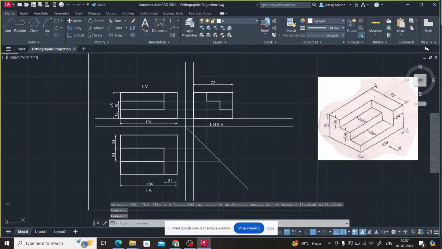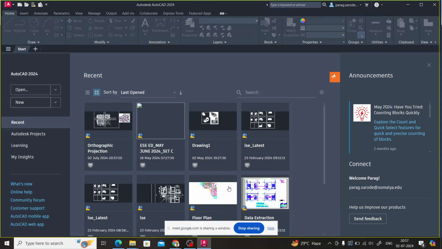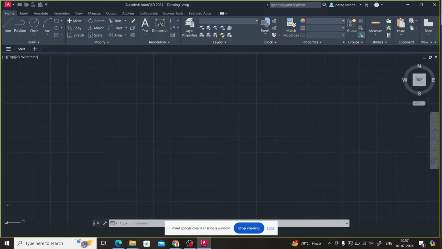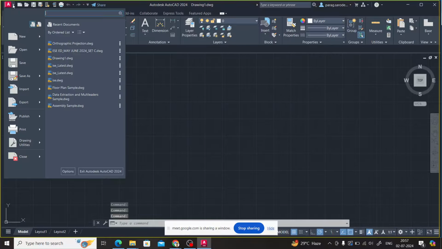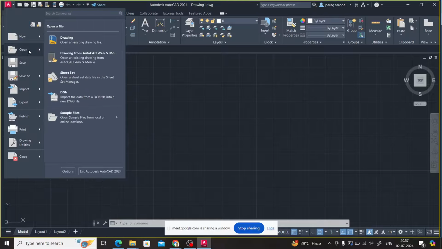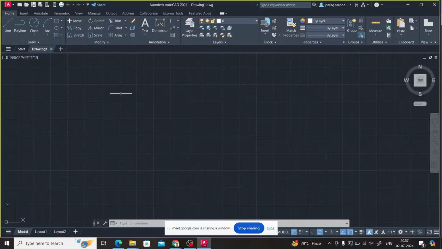I will close this. This is the typical window whenever you start AutoCAD. I will click on New, but instead of New you will open a template. I will create one template for you.